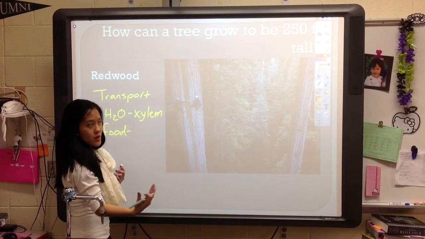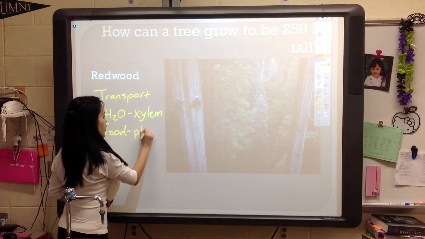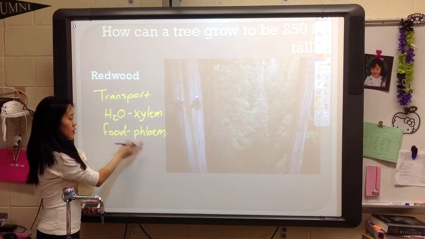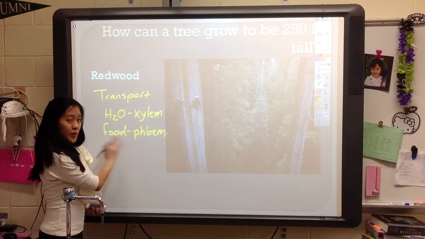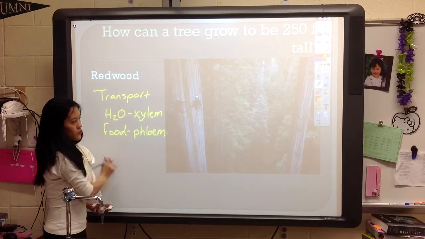The roots also need that energy. And so what's going to move the food? Well, that was the phloem. One thing that helps me to remember phloem goes with food is that they both make the F sound. So phloem, food. Phloem, food. Okay.